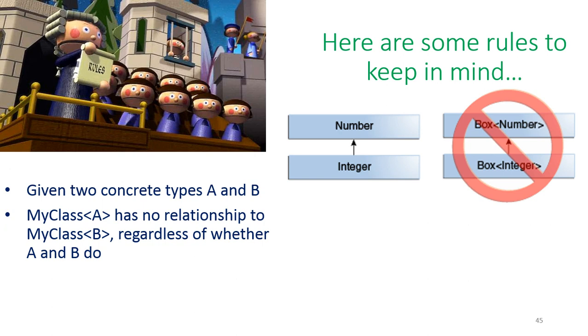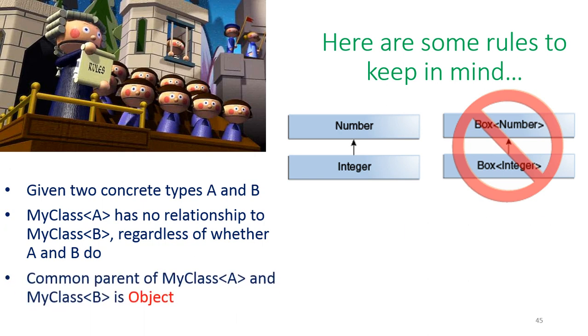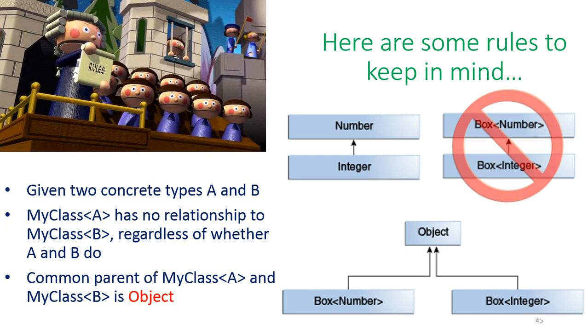That is forbidden. Okay? So if you were asking, well, what is the common parent, the superclass of my class of A and my class of B, then the answer is a little bit disappointing, because the superclass of those two is object. So if you took two completely unrelated classes, like a class employee and a class, I don't know, minivan, these classes may belong to inheritance hierarchies of their own, but they really have no relation whatsoever one with the other, okay?